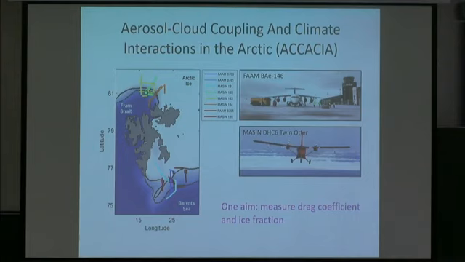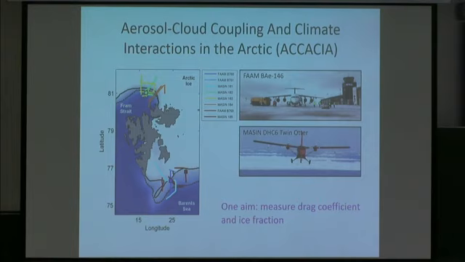So there's still some tuning to be done within this parameterization, and a few years ago we had a field campaign up in the Arctic where we flew two different aircraft in areas of the marginal-ice-zone as part of this ACCACIA field campaign. And one of the aims of this field campaign was to try and measure the drag coefficient and the ice fraction, and therefore get some numbers that we could put into this parameterization.